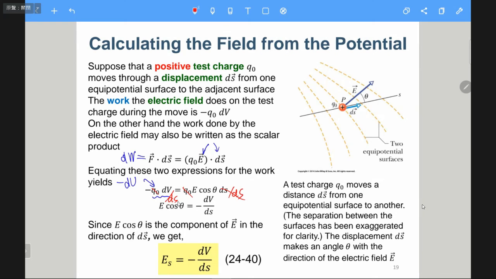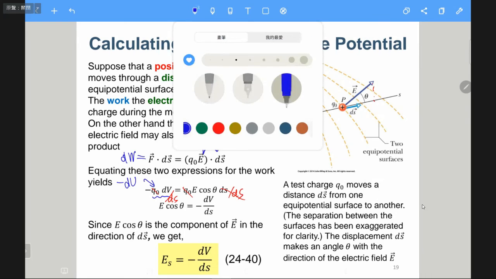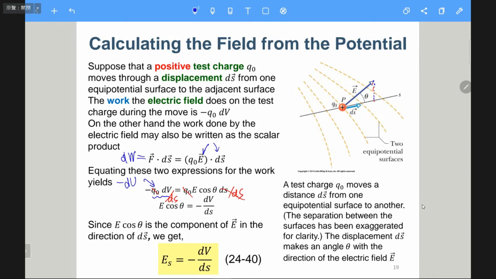Which means that E cosine theta is the component of E along the s-axis. If we project this E vector onto the s-axis, this is called Es. If we have x-axis, y-axis, z-axis, you can write it as Ex, Ey, Ez, and so on.